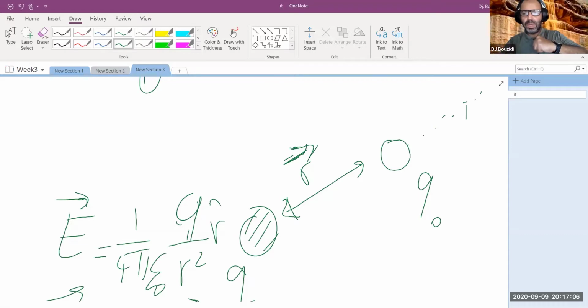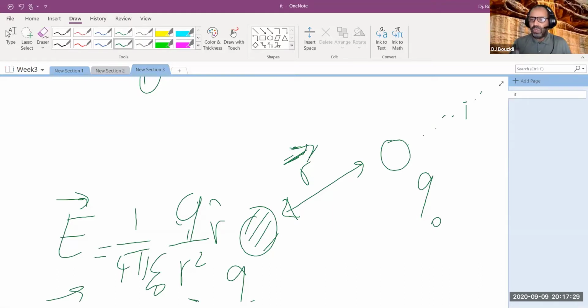If somebody tells me, okay, how about if Q naught is not positive? How about if it's negative? Well, if I let go of it from infinity, it's going to do work for me, by accelerating, by getting kinetic energy. So at some point I will bring it in here. Then at that point, if I want to hold it in place, I really have to spend energy to hold it there. You guys understand that?